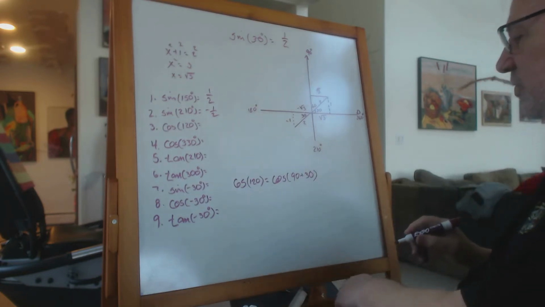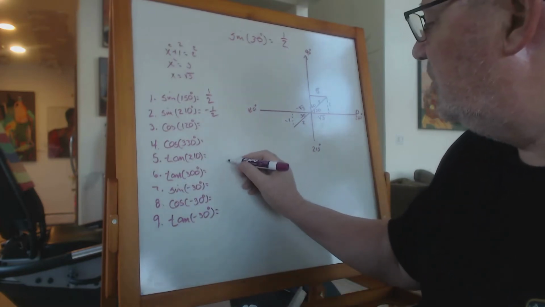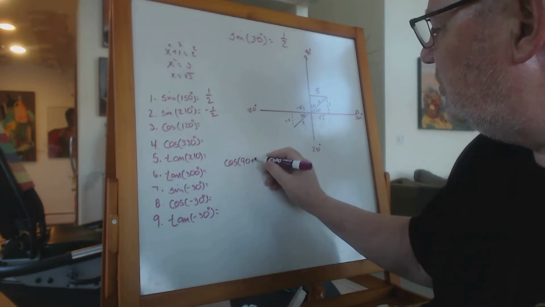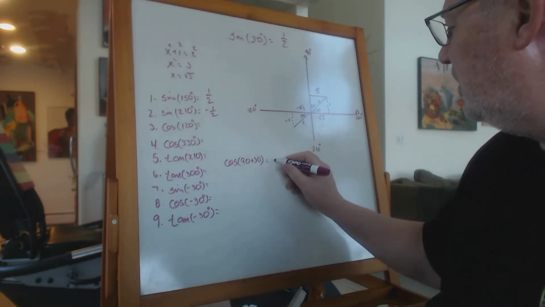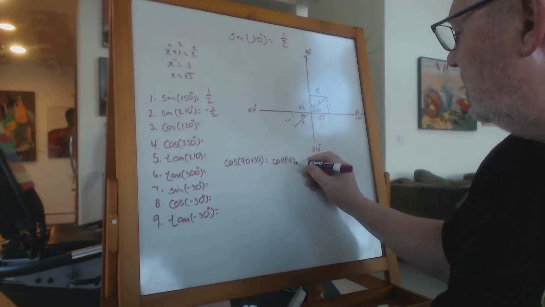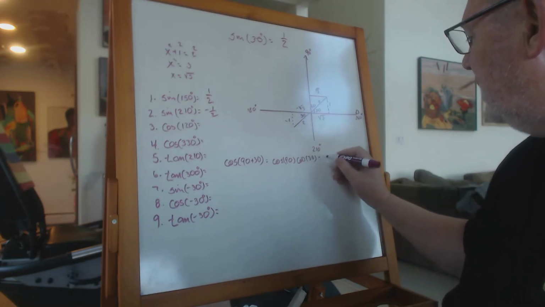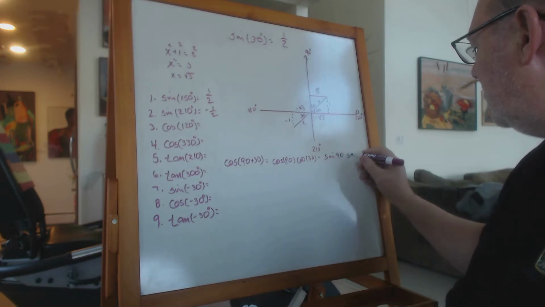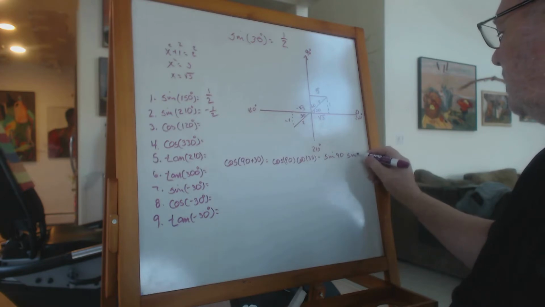And so we can use a double angle formula for that. So cosine of 90 plus 30 is equal to cosine 90 cosine 30 minus sine 90 sine 30.